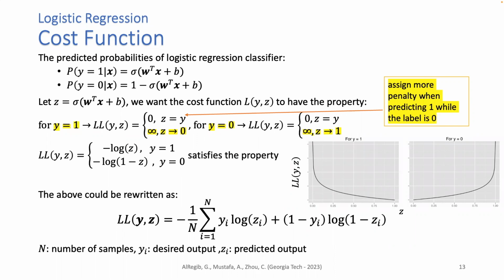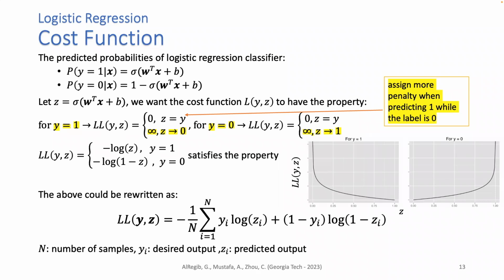That's the sigmoid output. If my output is equal to 1, then I would like to have a cost function. This is a cost function; in a minute, you will know why it works. L is the cost function. What is the input to the cost function? It is my z, the sigmoid.